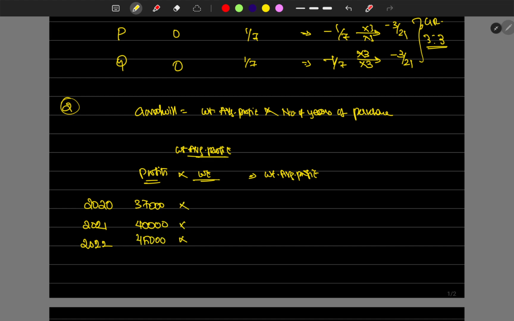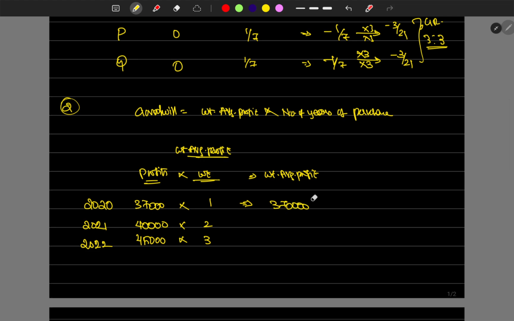Okay, let us take the highest weight. So 3, 2, 1. What's the weight? 37,000 multiplied, 80,000, and then 45 into 3, which is 1,35,000.